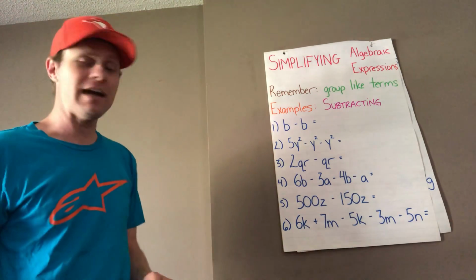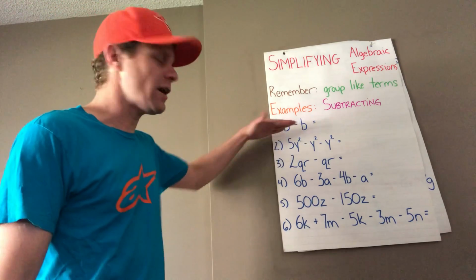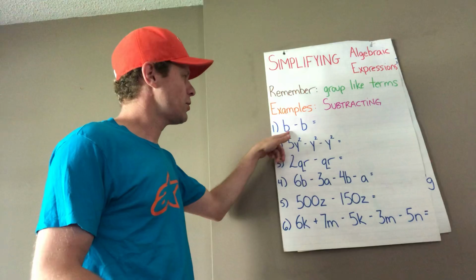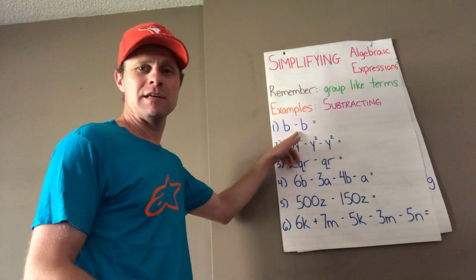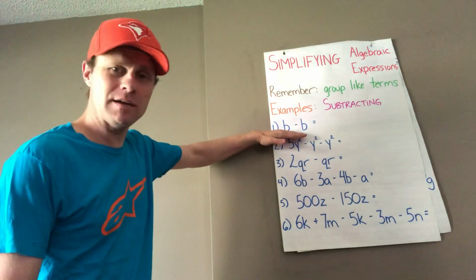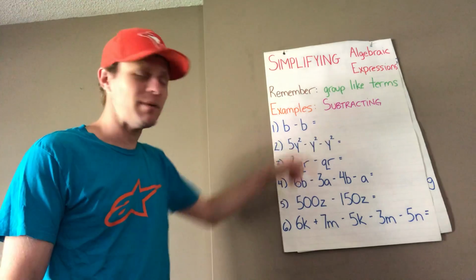Okay? So our actual question number 1 on the other page was b plus b, but now we're going to start with finding the difference between two b's. Okay? So if we start with 1b and 1b is being taken away, how many b's do we have left?